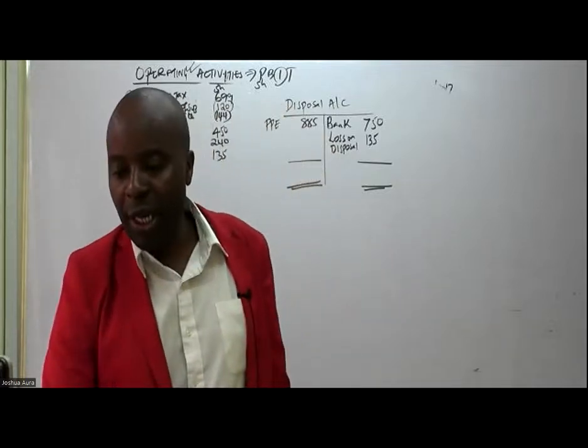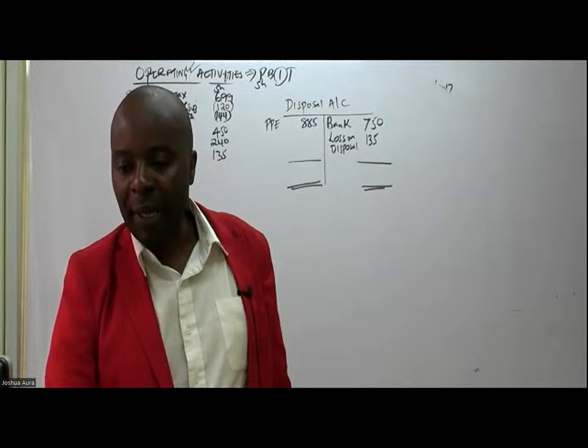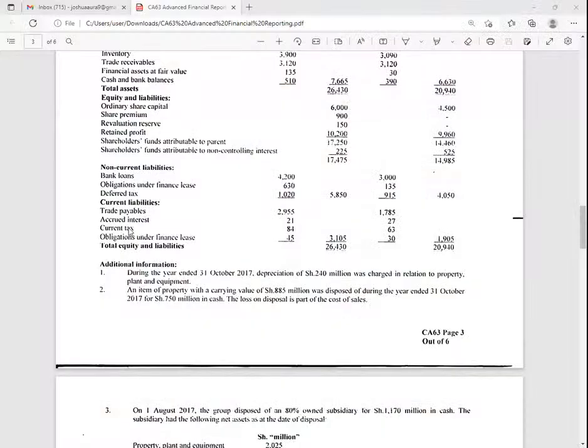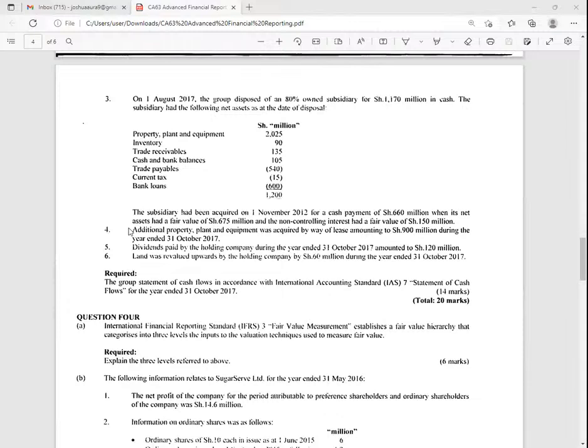I would have brought in impairment very fast, but remember now, we don't have an impairment loss. So we continue. So we are going to note number 3. This one, I think we have adjusted for it very nicely. Then we are told, note number 4, additional property, plant, and equipment was acquired by way of lease, amounting to 900 million during the year ended 31st October 2017. That we shall be able to handle later.